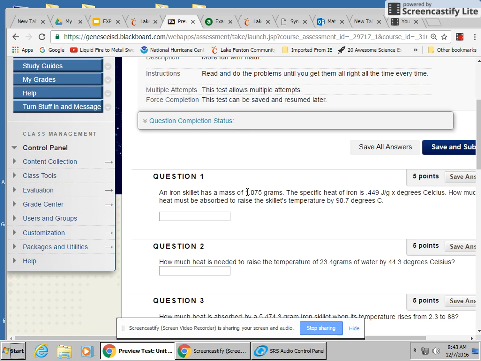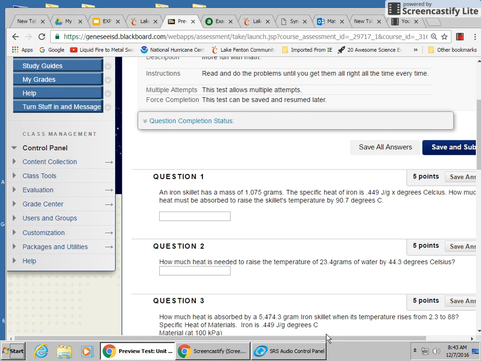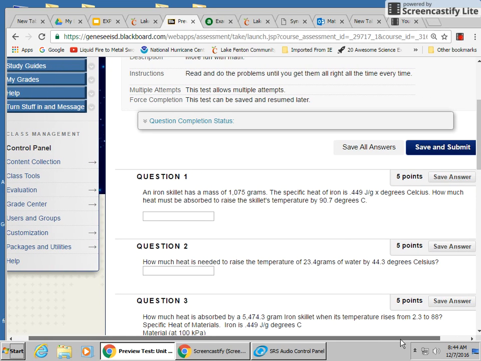An iron skillet has a mass of 1,075 grams. The specific heat, or C, is 0.449 joules per gram degrees Celsius. How much heat, so that is Q, right, must be absorbed to raise the skillet's temperature by 90.7 degrees C?